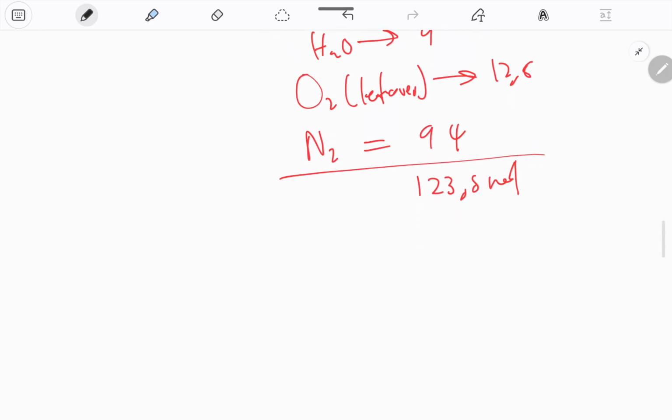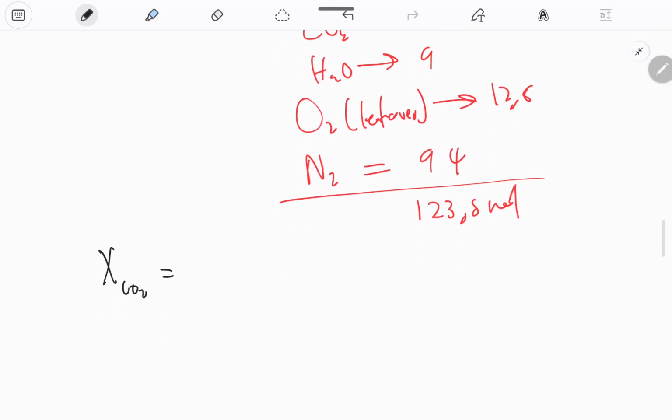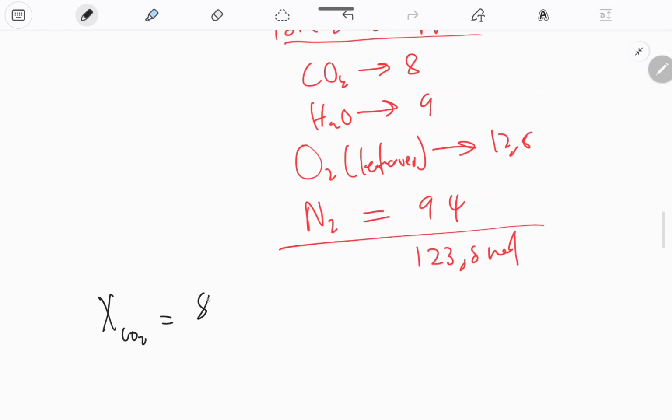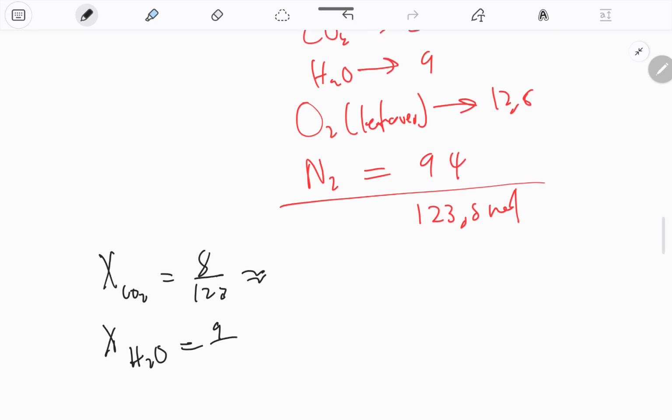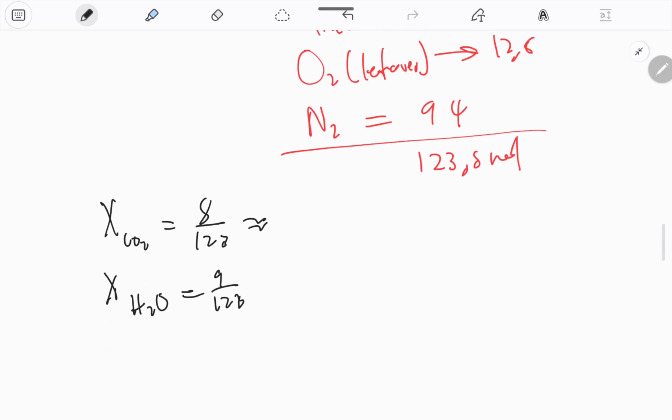So when we know that, we can now move forward. We can now find the mole percentage of carbon dioxide, which will be how many moles carbon dioxide is giving us, 8 over 123.5. We do that again for H2O, 9 over 123.5.